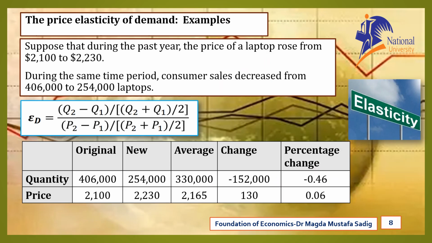Let us take an example. As we have mentioned before, price elasticity of demand measures how sensitive the quantity demanded of a good or service is to a change in its price, and it is calculated using the formula that appears in this slide.